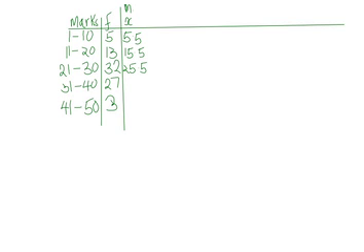Then we have 35.5, and lastly 45.5. Then we create another column, and in this column we will have our t, and t will be given by x minus the assumed mean.